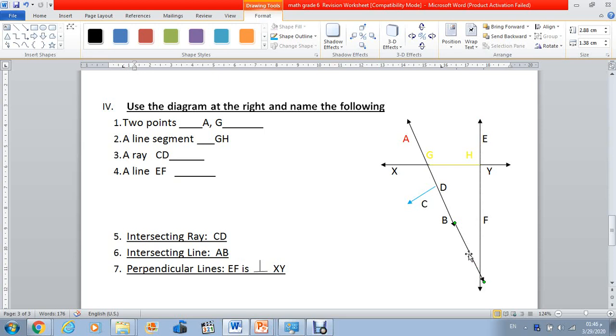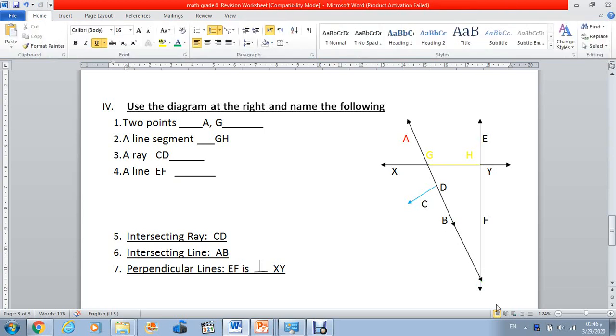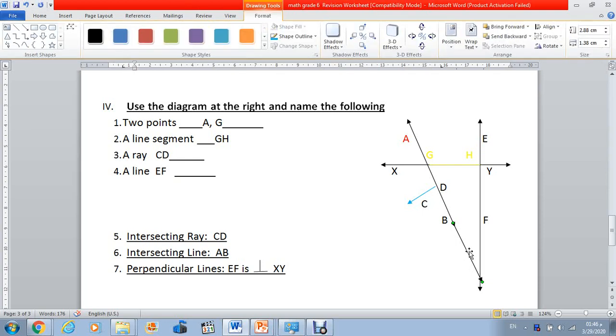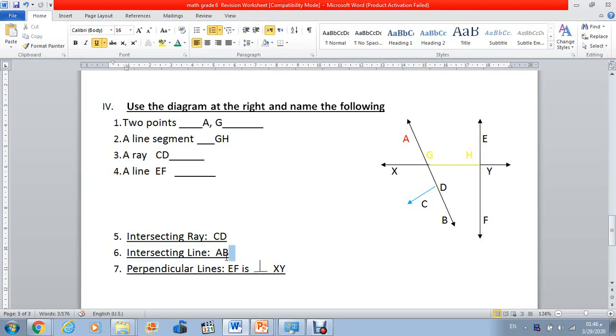One day they're going to intersect. I don't want you to get into details, but just know that AB is intersecting with XY and with EF as well. I just want one intersecting line. We can say it's AB.